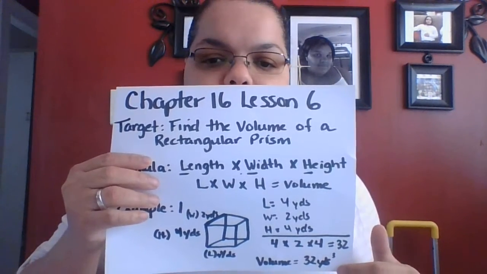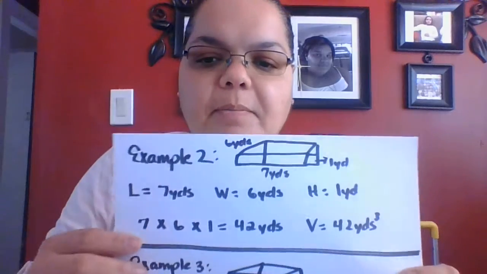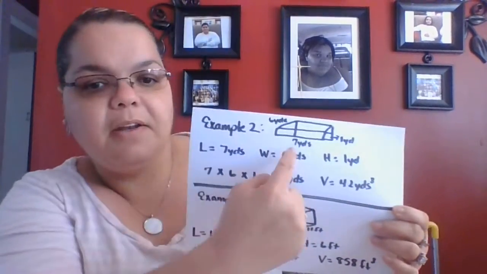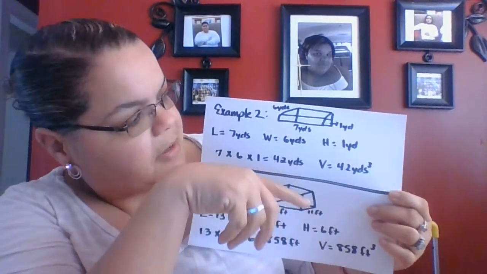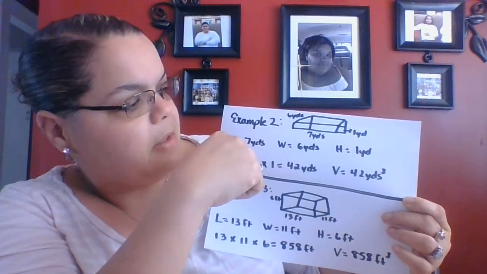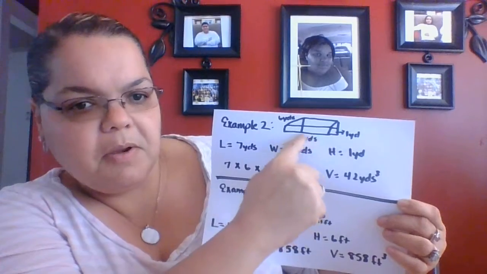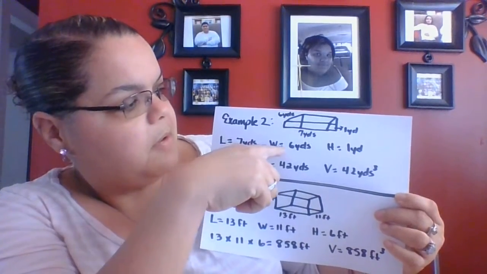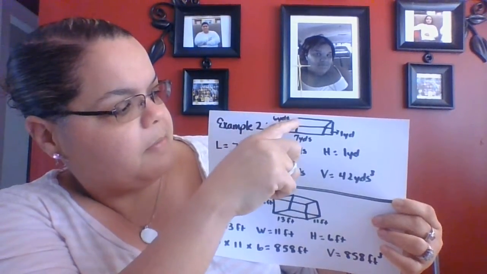Okay? We're going to go over 2 more examples for you. For the next example, we're looking at another one, but this is more like a rectangular prism. The length is 7 yards, which is up here. The width is 6 yards, which is up here.